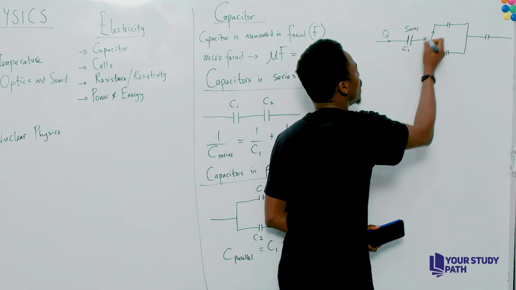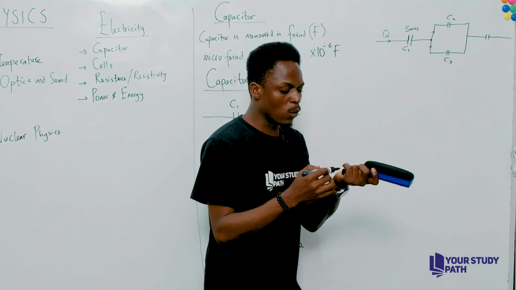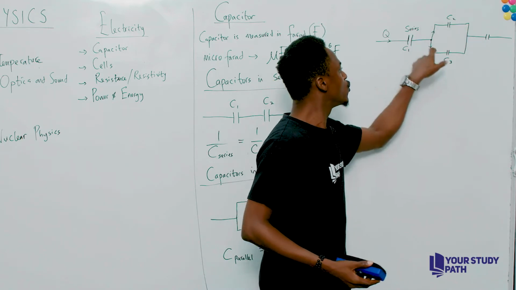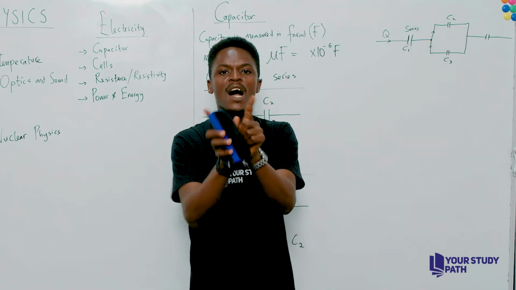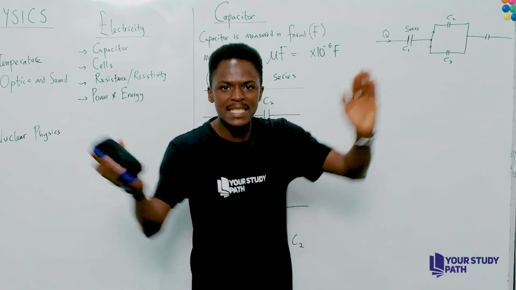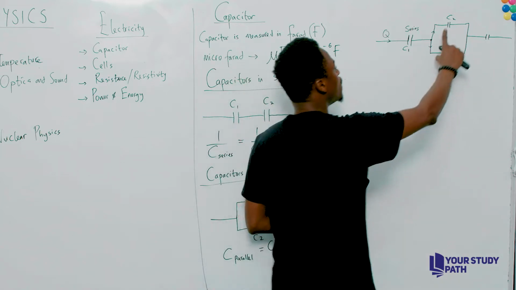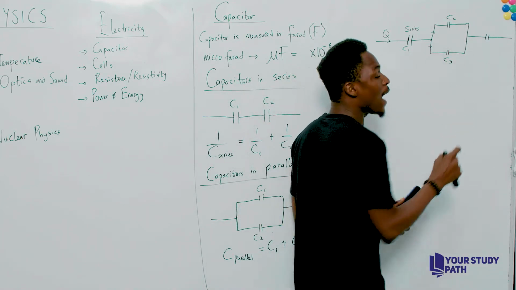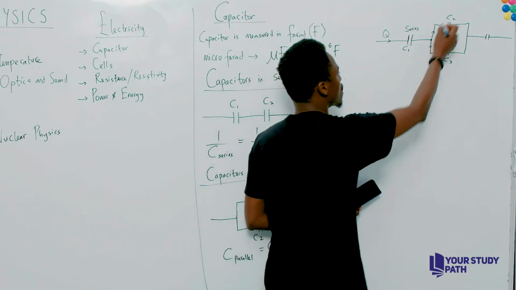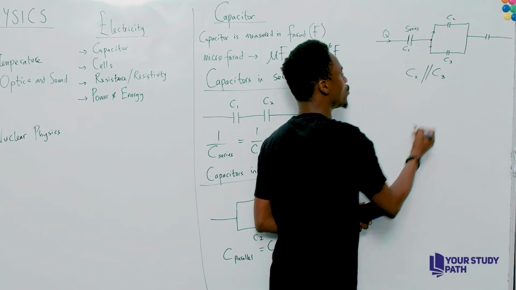Let's assume C1, C2, and C3. Some amount of the charge is going to flow upwards, some will flow downwards. The moment you're having charge split up into two or more sections, then that circuit part is a parallel connection. So it means that C2 and C3 are actually connected parallel to each other.